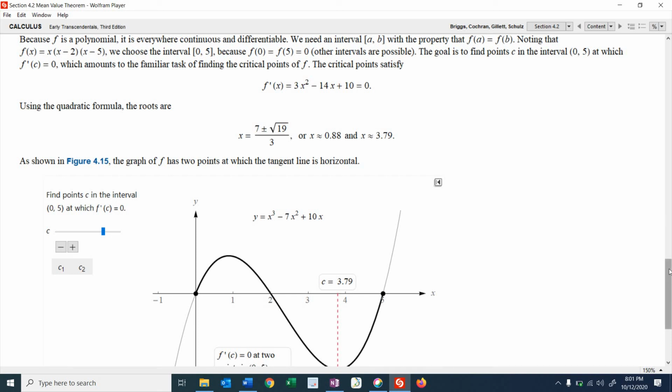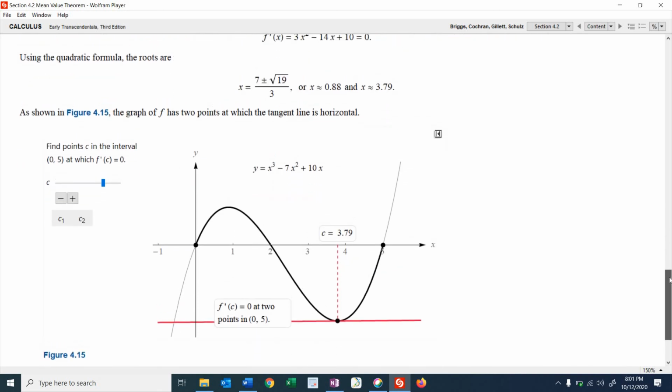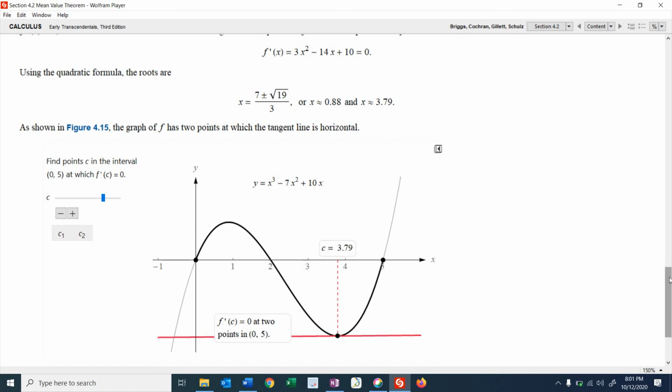So the theorem guaranteed us the existence of at least one c value in the interval where the derivative was equal to 0. We actually found two of them. Okay, and you can see that from the graph here as well. This is the graph of the function that we were working with. The graph looks like this. And I think you can see that the derivative is equal to 0 at 3.78.